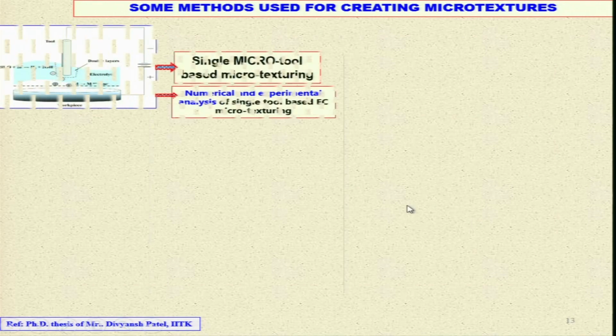Some methods used for creating microtextures, you can see over here single micro tool based microtexturing. This is the single tool and you are creating the microtextures over here. This is the electrolyte and here is the workpiece where you are going to create the microtexture. These reactions we have already seen. Now, numerical and experimental analysis of single tool based electrochemical microtexturing is there.